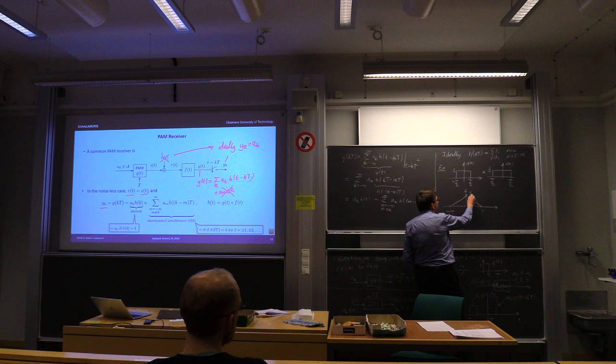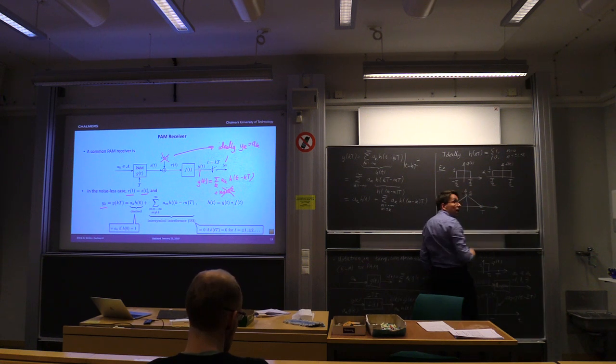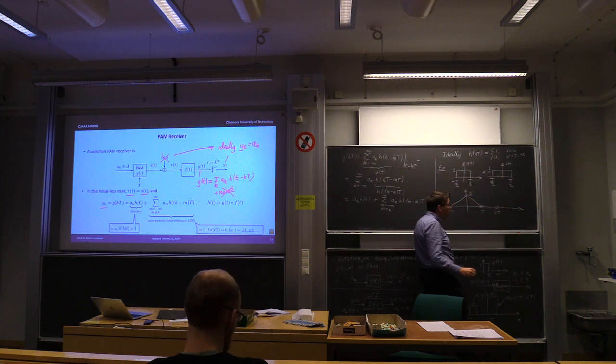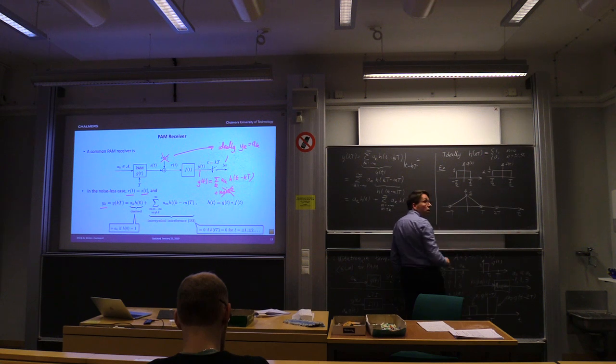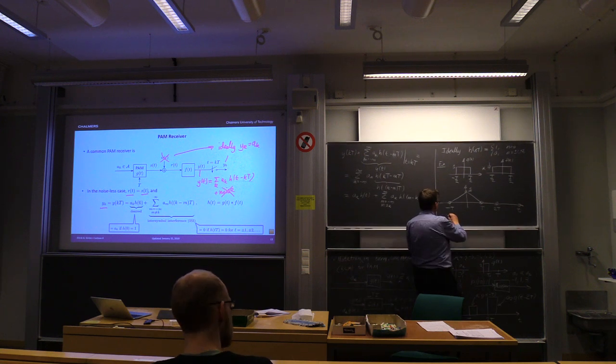Because we have 1 when n is equal to 0, we have 0 when n is equal to 1, we have 0 when t is equal to 2T, and so forth to the right. And we have 0 here for negative T, and of course 0, like this. So this is ideal.